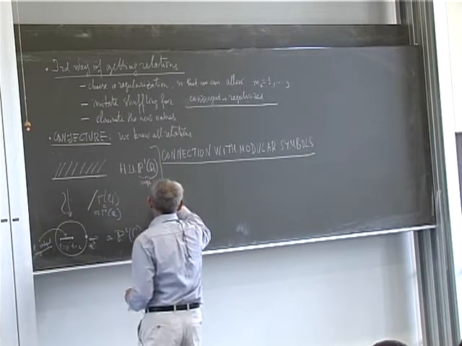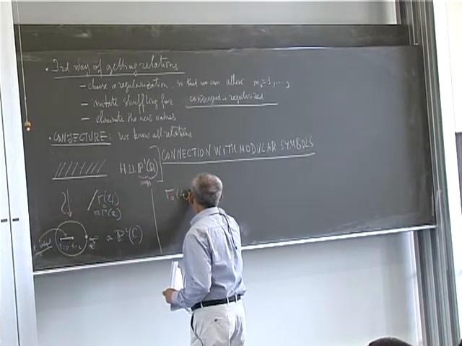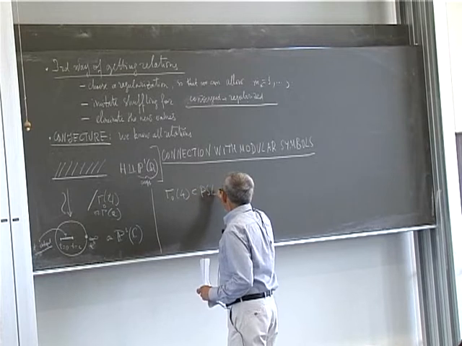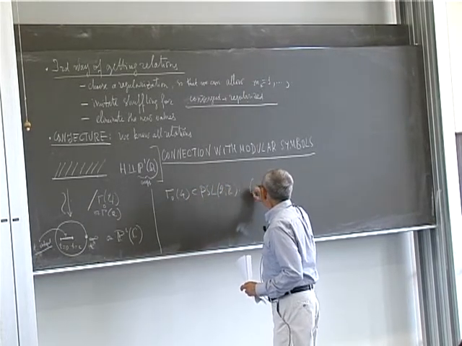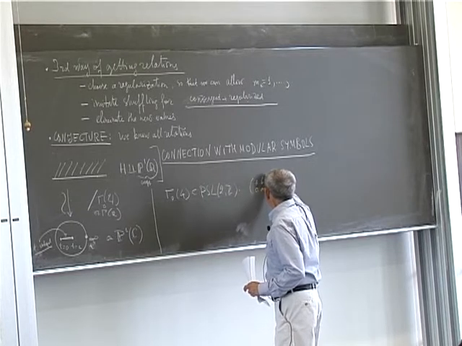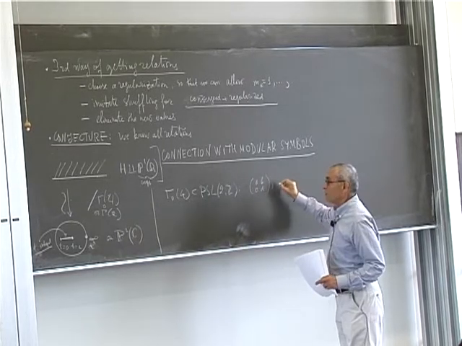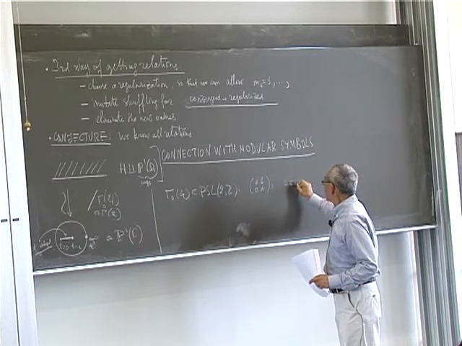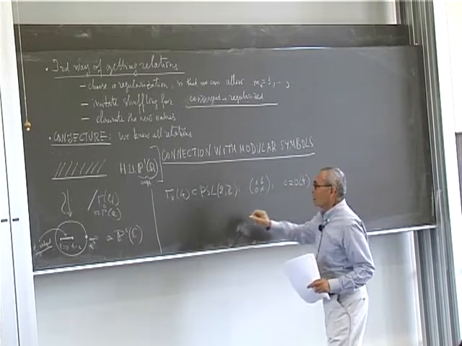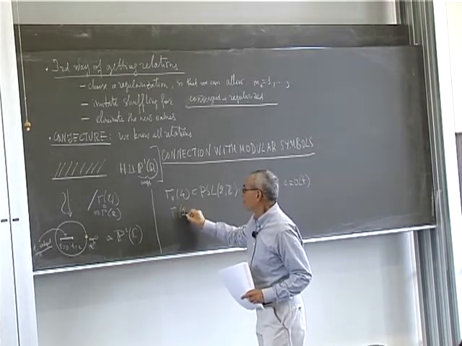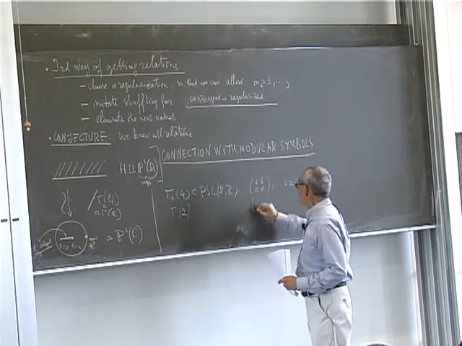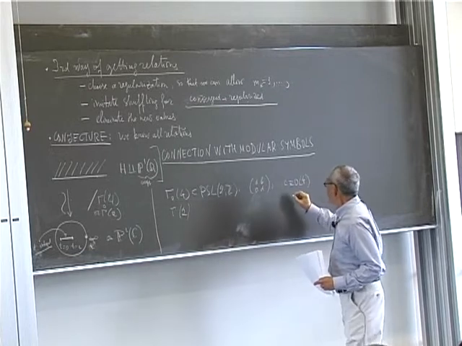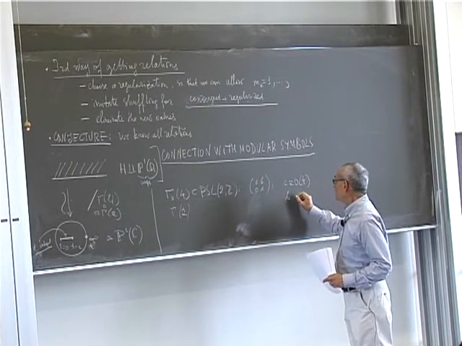Let me remind you the definition. Gamma_0(4) is a subgroup here consisting of the matrices (A, B, C, D) such that C is divisible by 4, and for Gamma(2), you can take any one of them, whatever you wish, the same matrices with conditions B and C even.